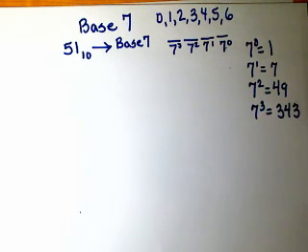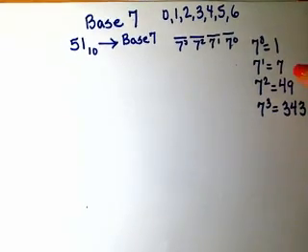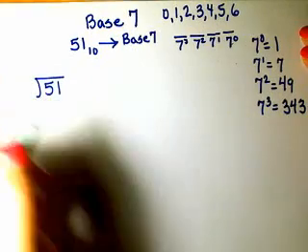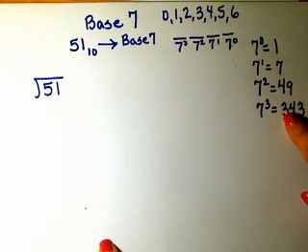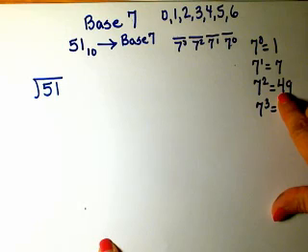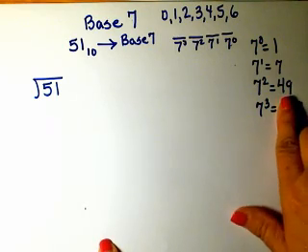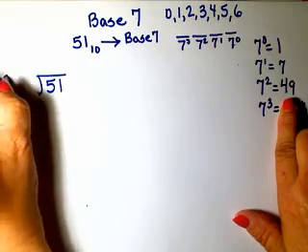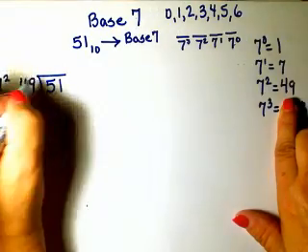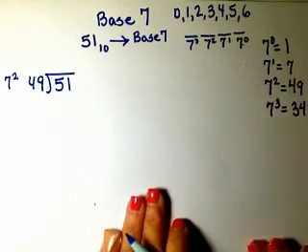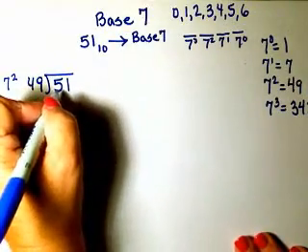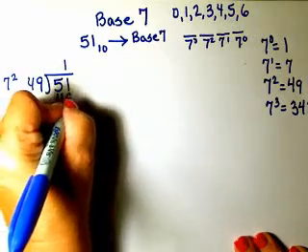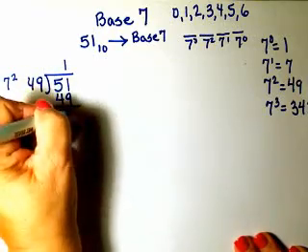I'm going to use the same process we did before. I write down the number 51, and I have to decide what to divide it by. I want the largest power of 7 that fits, so that would be 7 to the second power, which is 49. 49 divides into 51 one time. 1 times 49 is 49, and subtract and get 2.